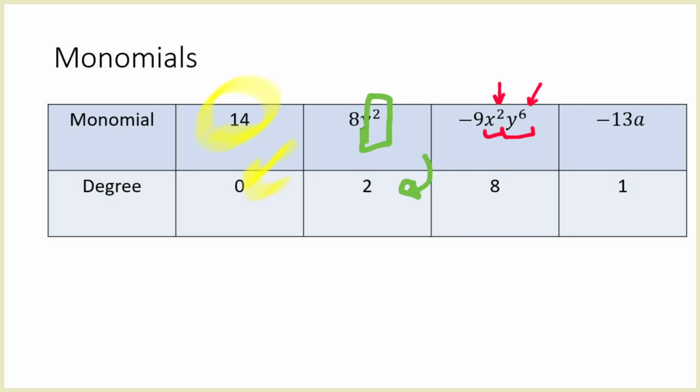And 2 plus 6 makes 8. So this term has a degree of 8. Next, negative 13a. Negative 13a has one variable, a, and this a is to the first power. It's a hidden power, but it still has a power of 1. So this term has a degree of 1.